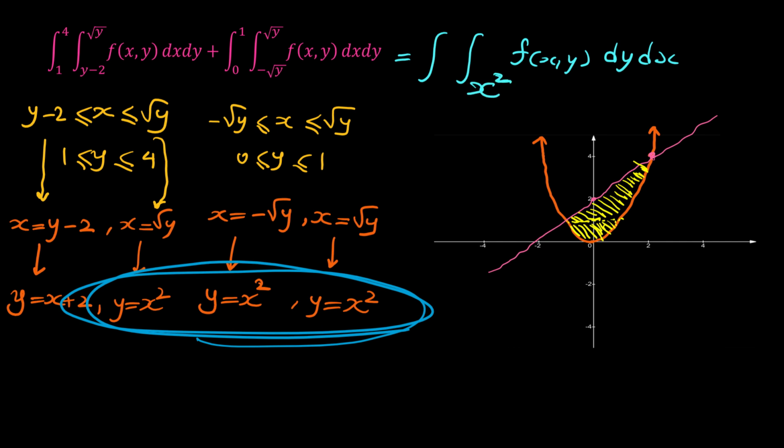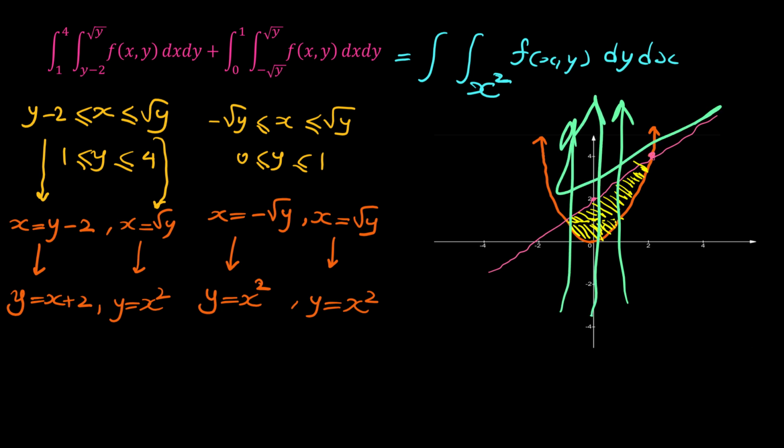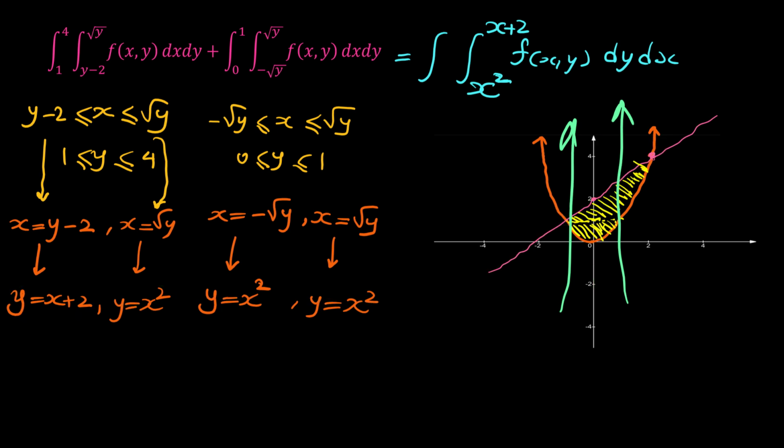What about upper limit? Again, if we draw these vertical arrows, they leave the region at this line, which its equation is y equals x plus 2. So we have x plus 2 here. And what about x?